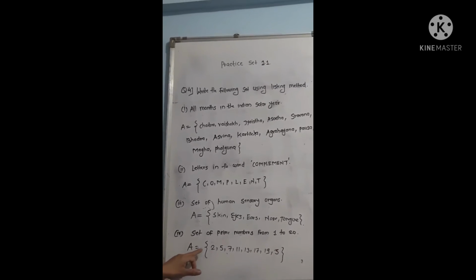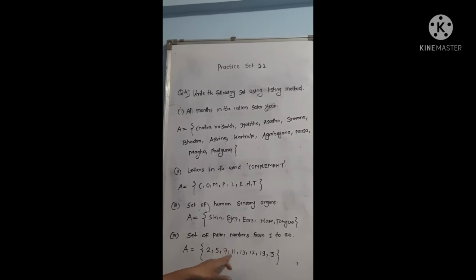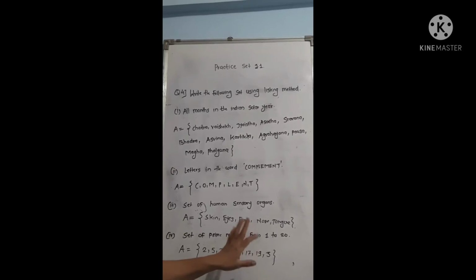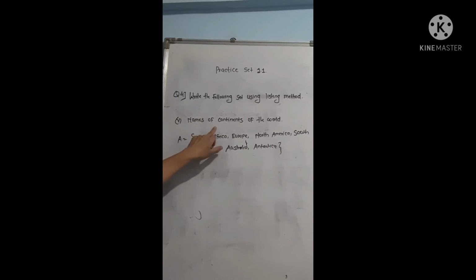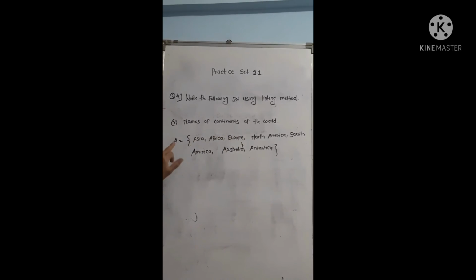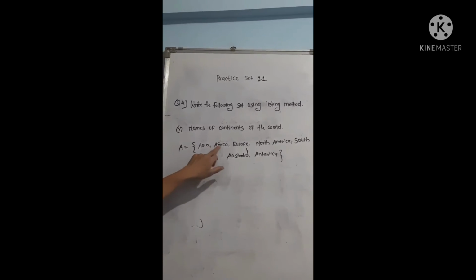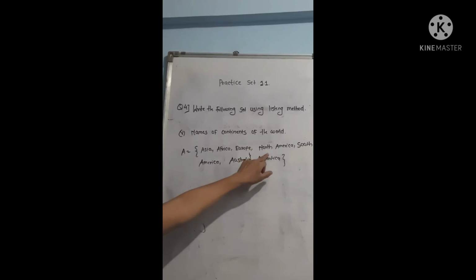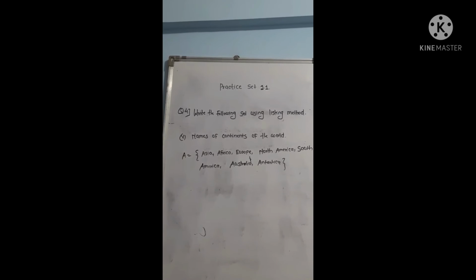Okay. So fifth one, names of continents of the world. So A is a set of continents of the world. So Asia, Africa, Europe, North America, South America, Australia and Antarctica.